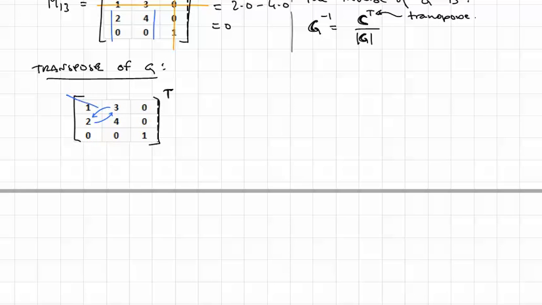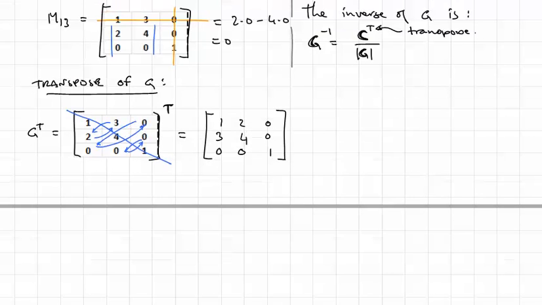The elements along the major diagonal remain unchanged, and that's like the axis of symmetry. And then we're going to swap elements that are in corresponding positions as reflected across that major diagonal. In this case, it's pretty trivial because we have a lot of zeros. But let me go ahead and write it. It's going to be 1 and 4 and 1 down the diagonal. And then the 2 and the 3 are going to flip, and then we have zeros in the rest of the entries, so not much else happens. So this is the transpose of G.